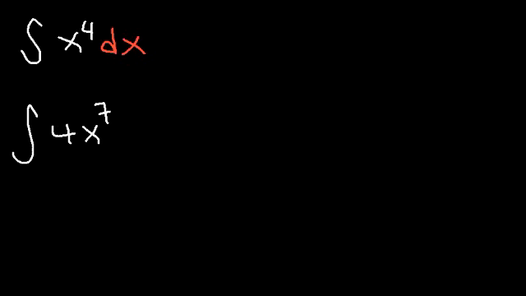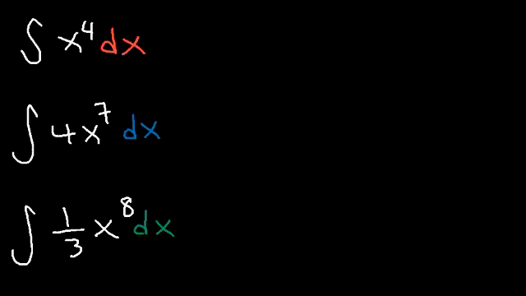Go ahead and find the antiderivative of x to the 4th dx, 4x to the 7 dx, and 1/3 x to the 8 dx. Feel free to pause the video and work on these examples.